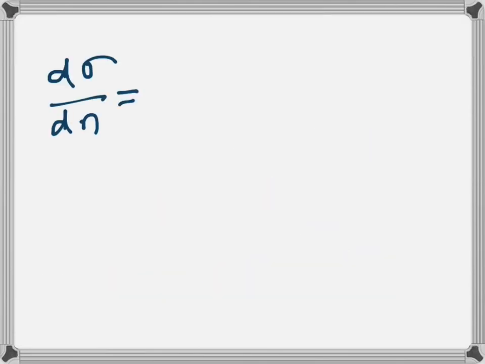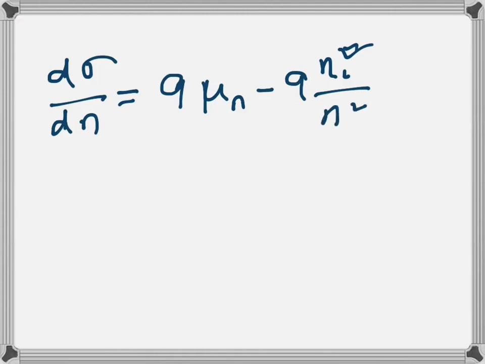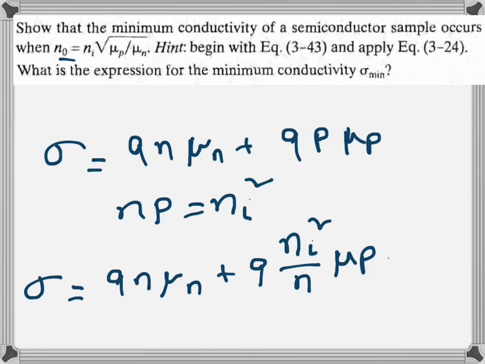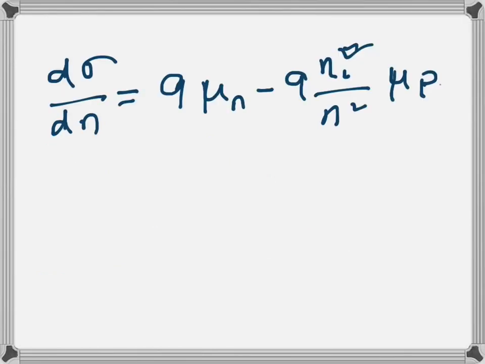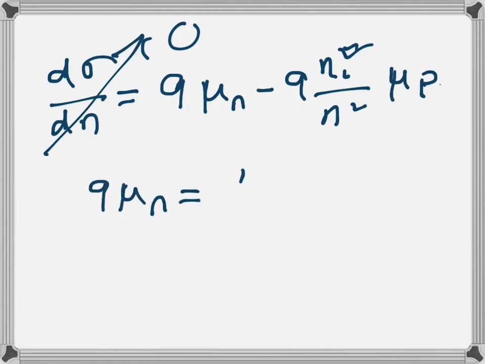So this one becomes q mu n, and this one becomes minus q ni square over n square mu p, basically. For minima or maxima, this will be equal to 0, so we will equate it to 0. As a result, q mu n is equal to q ni square over n square times mu p.